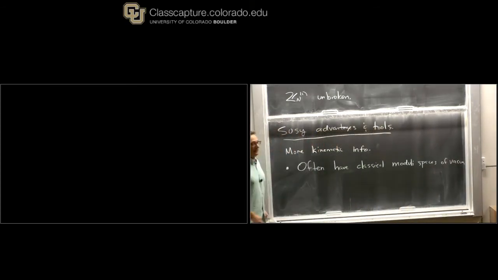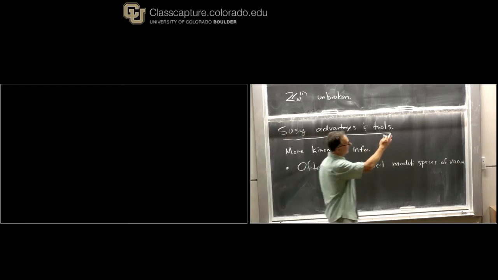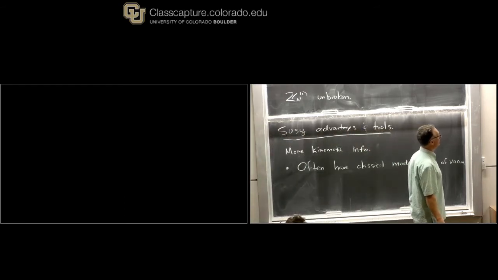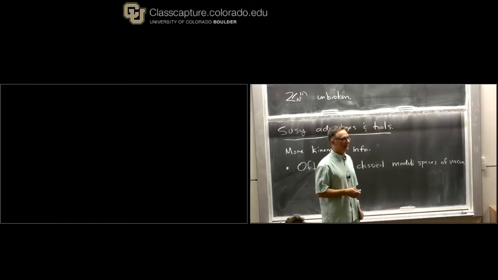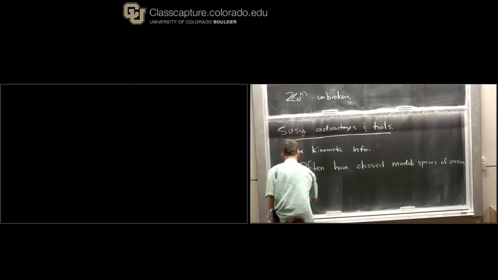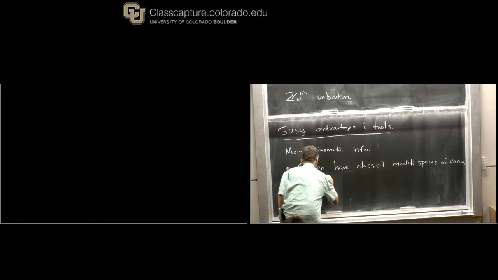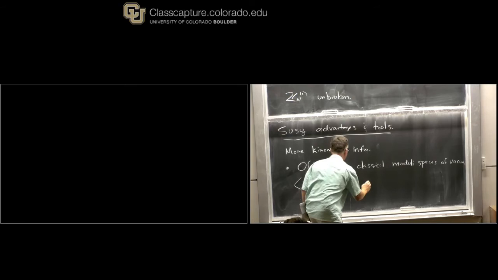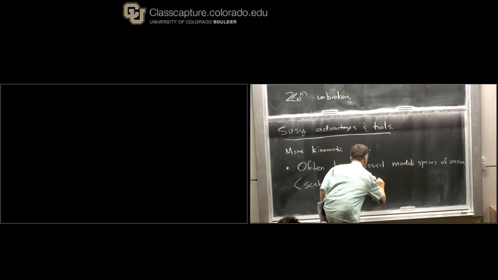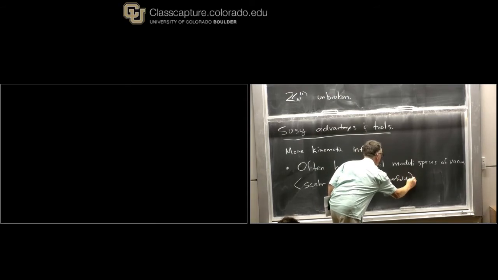And this is something that Clay talked about in his lectures: if you have a supersymmetric gauge theory like SUSY QCD, we could give expectation values to the scalar components of the matter fields. So these classical moduli spaces are where some scalar component of a chiral superfield is non-zero.